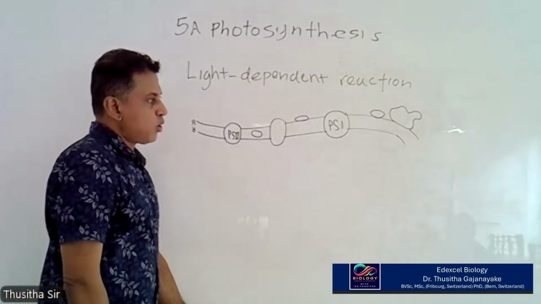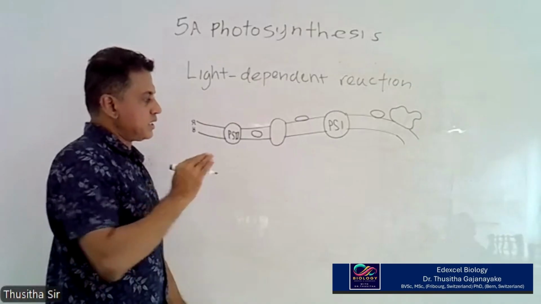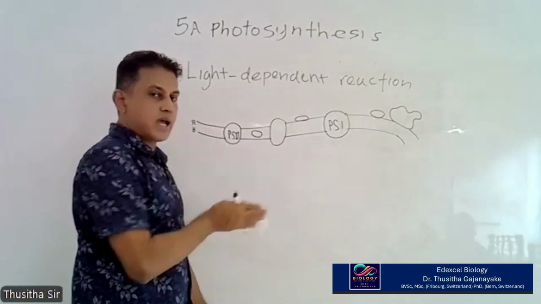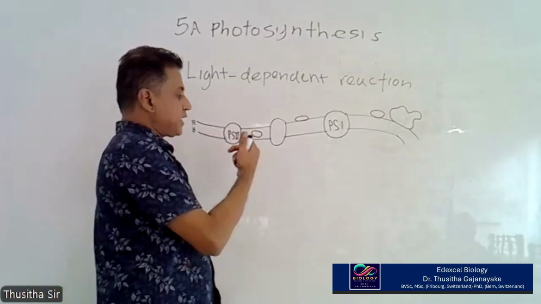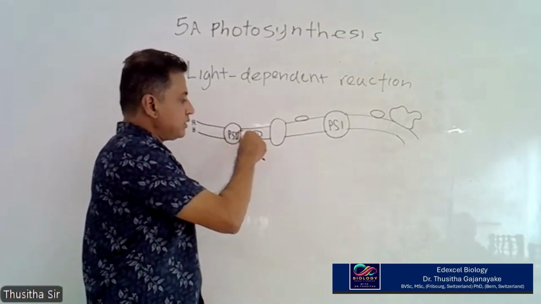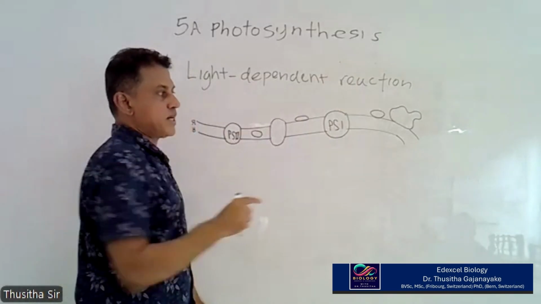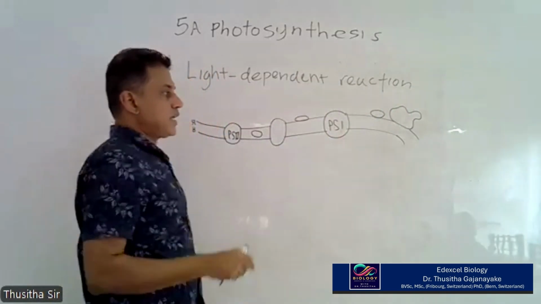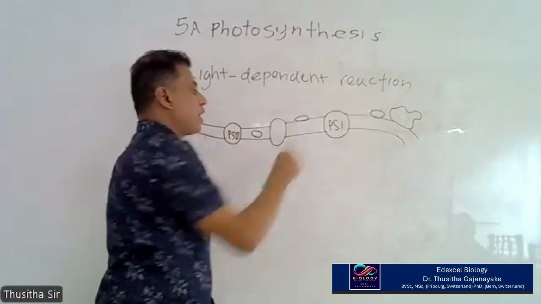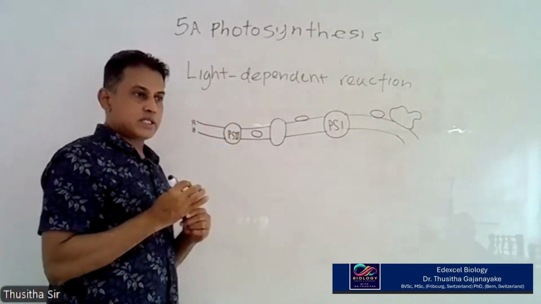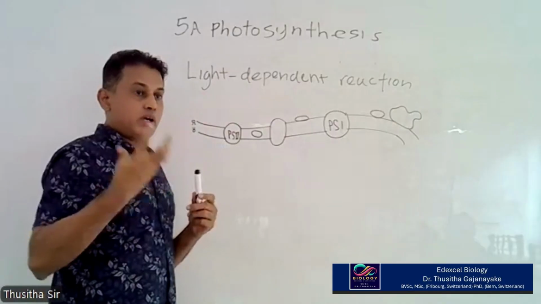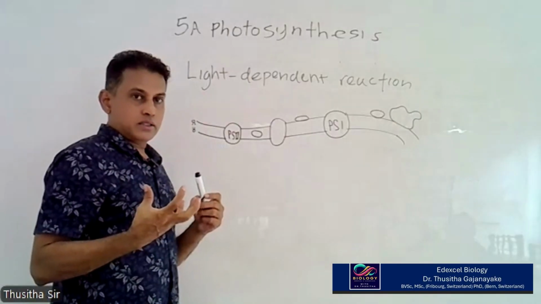So these are the main components, and you will see electrons excited by light energy transfer through these complexes. Then we are going to learn what happens at the end for the electrons, and what happens in the middle. It's very important that the electron is released with sunlight energy.